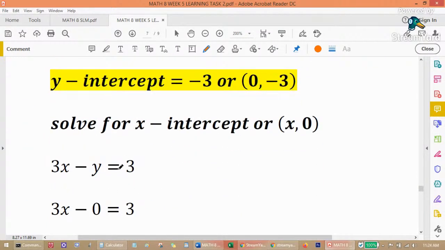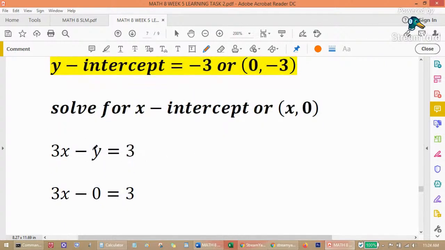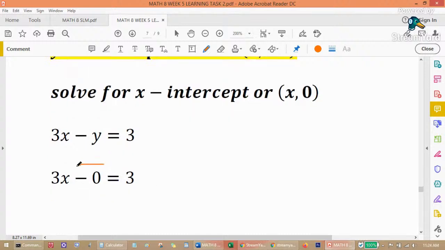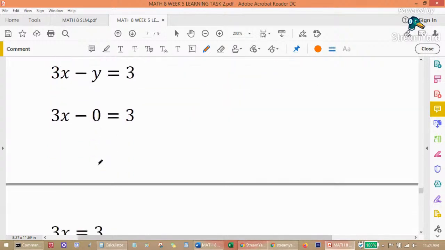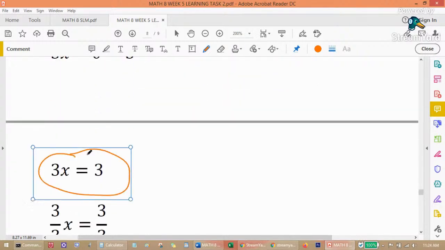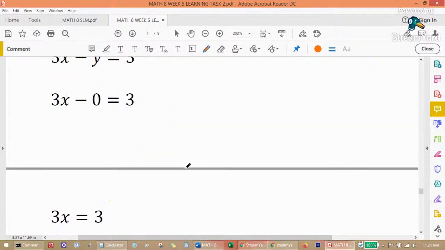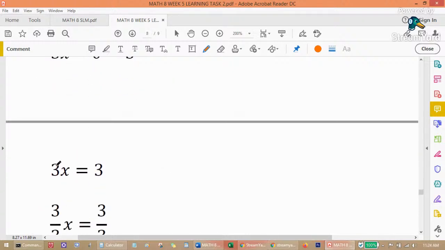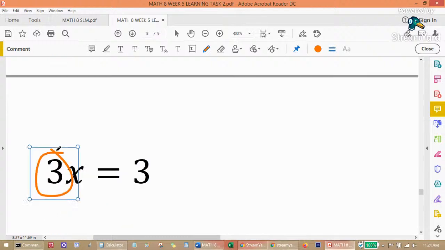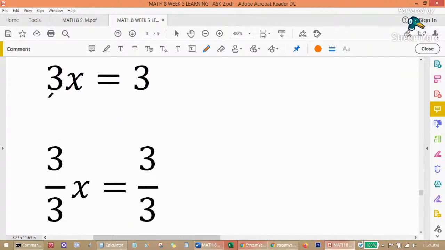Okay? And then, gagawin natin 0 ang y. So, minus tong y magiging 0. Then, since 0 to, mawawala na to, magkakaroon tayo ng 3x is equal to 3. And then, para mawala tong 3 na to, i-divide natin to ng 3, di-divide din natin to ng 3.